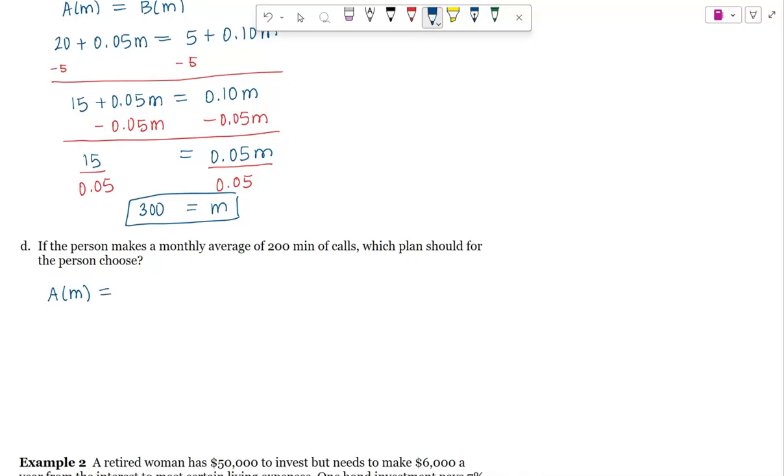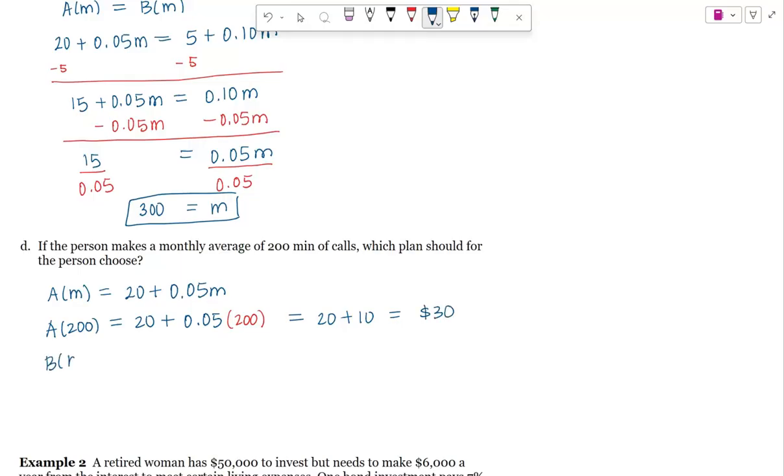Let's just remember we have 20 plus 0.05 M. So we want to know what is A of 200 when we plug 200 in for M. Plugging that into the calculator, I am getting 20 plus 10, or $30.